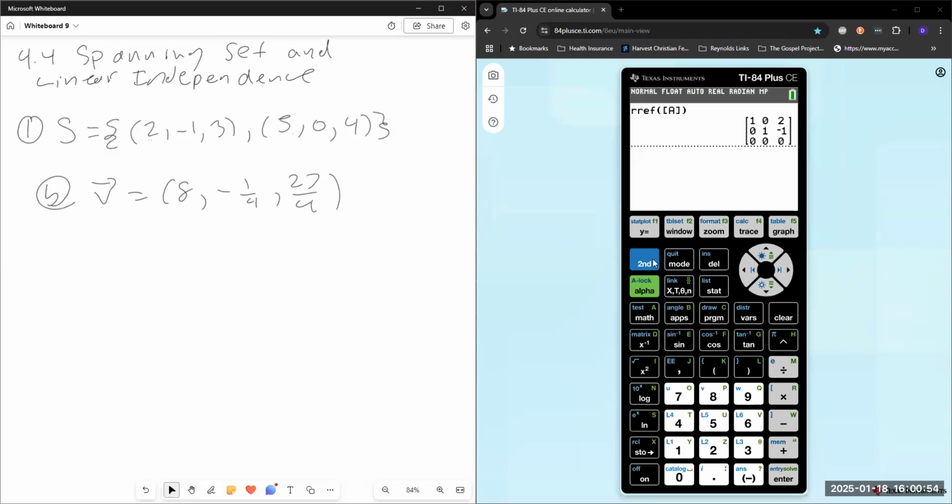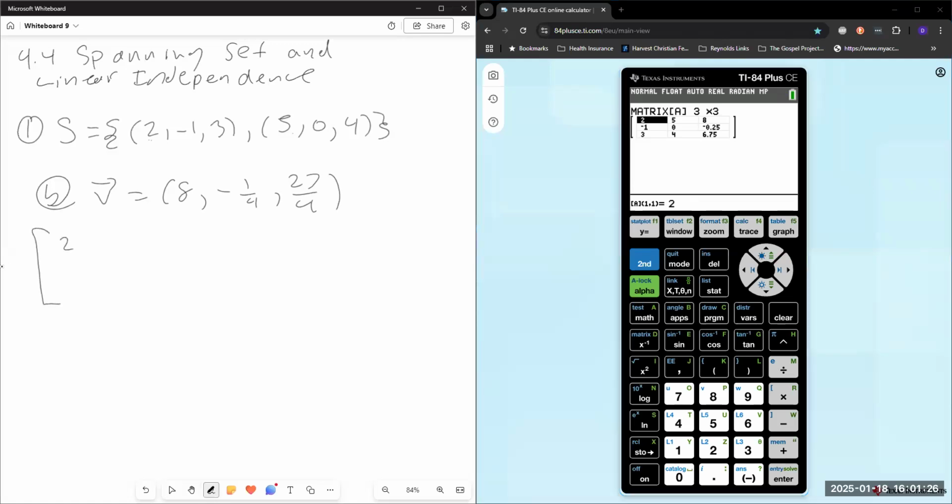So I'm going to go back into that same matrix and edit it, and I only need to edit the constant values on the right. Everything in the first two columns stays the same, so this changes to an 8, this changes to a -1/4, and this changes to 27/4.